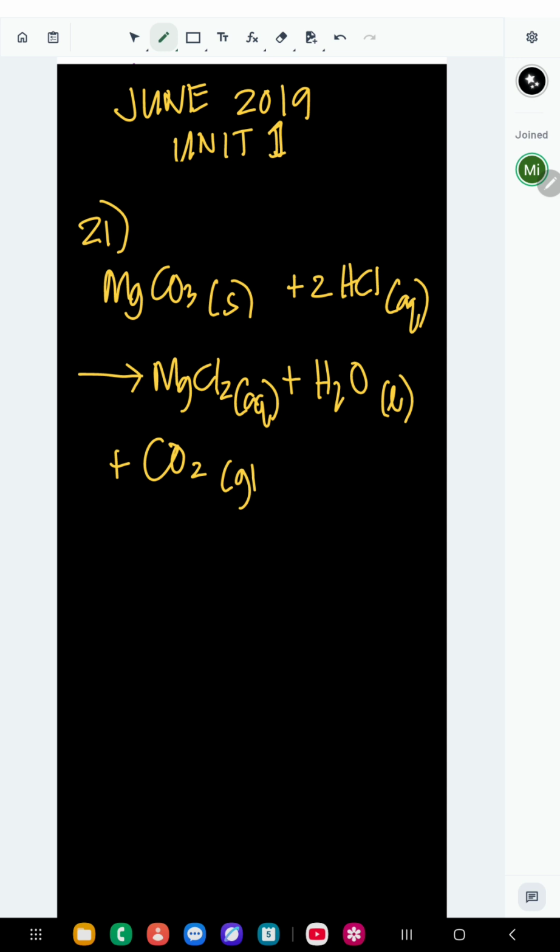A student carried out an investigation to determine the molar volume of carbon dioxide using the apparatus. The student carried out 5 experiments adding a different mass of magnesium carbonate each time. The results are shown in the table.